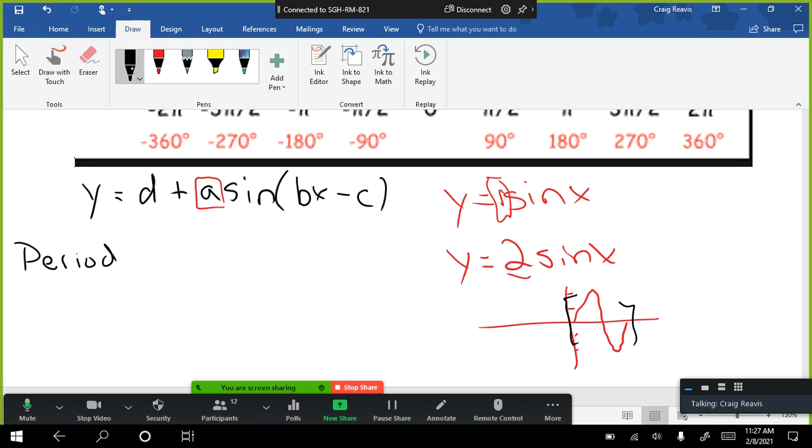And the way we find the period is it's simply 2 pi over b. So whatever number is the coefficient of the x would be the denominator of our period. Now these two items are the biggest keys in order to graph any type of sine or cosine function.